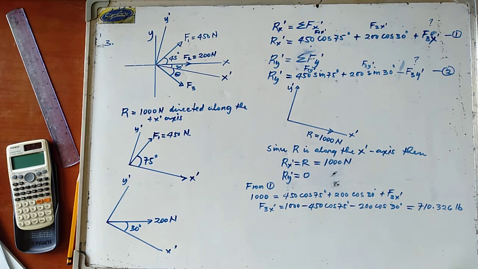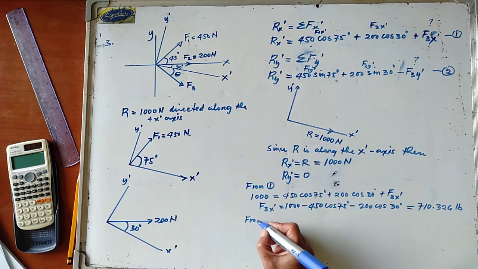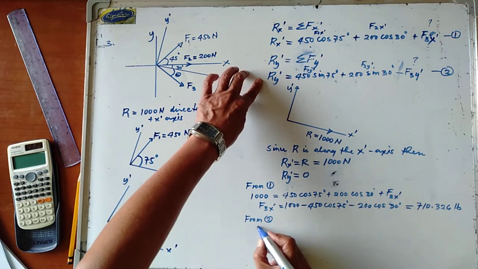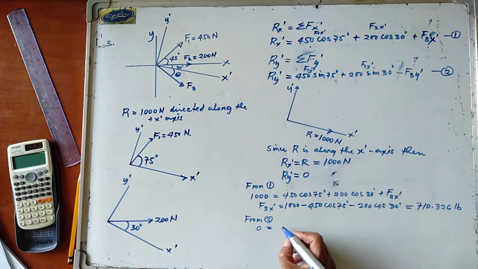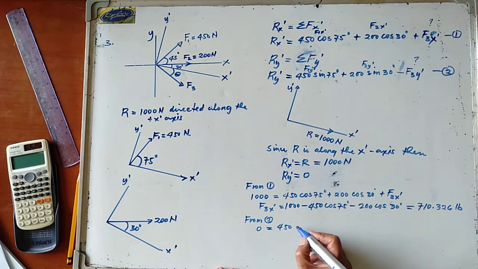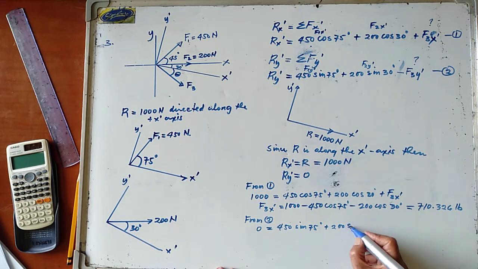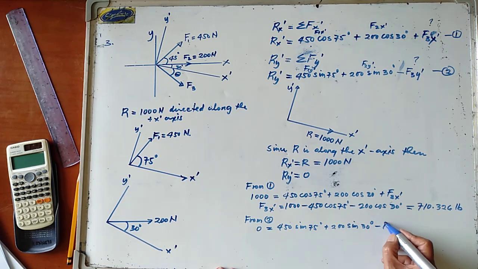And then from equation 2, we have 0 is equal to 450 sine of 75 degrees plus 200 sine of 30 degrees minus F3y prime.